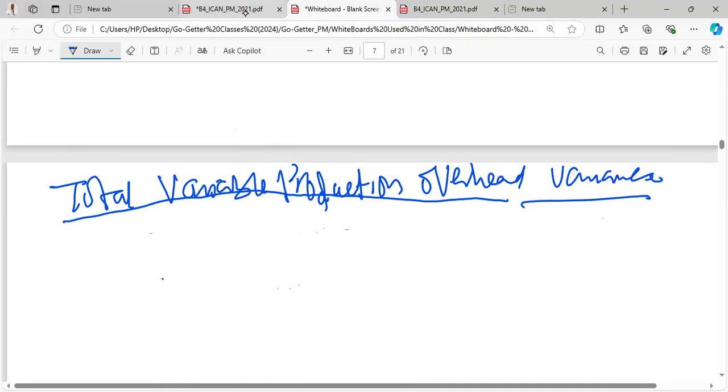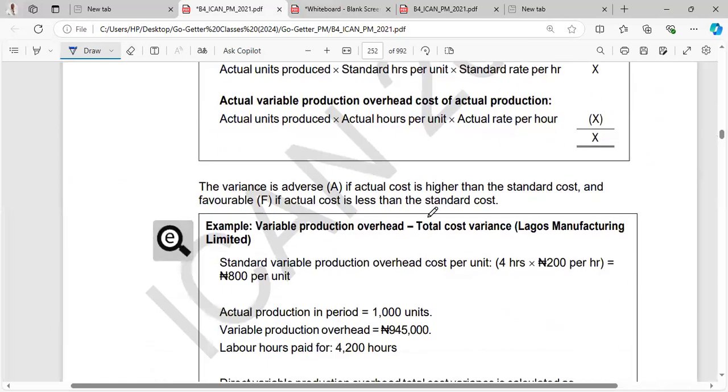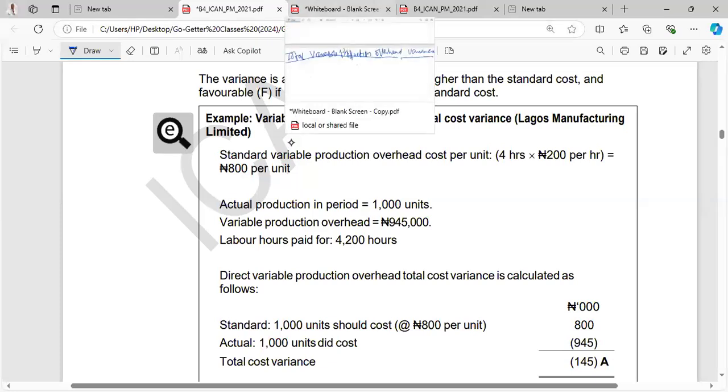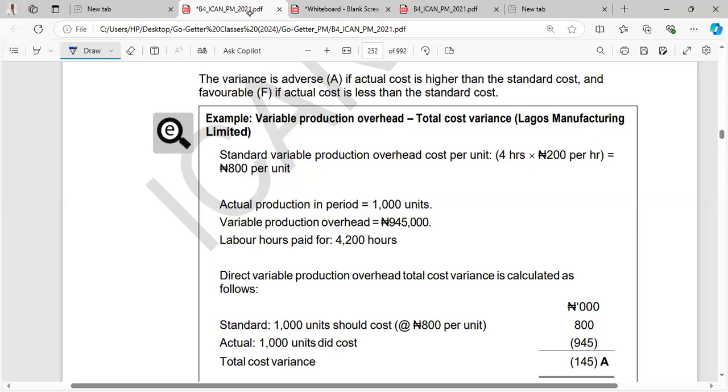So the question is here. Standard variable production overhead. So let's bring it out. We are told here 4 hours, 200 naira.